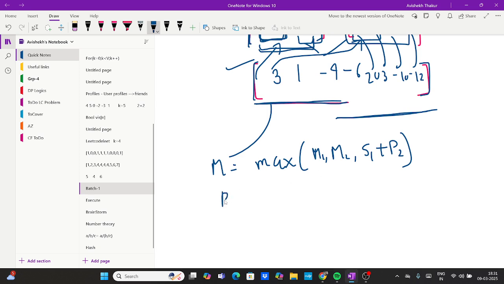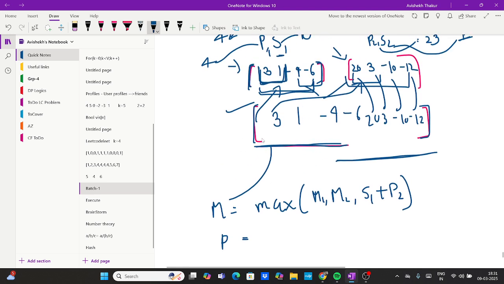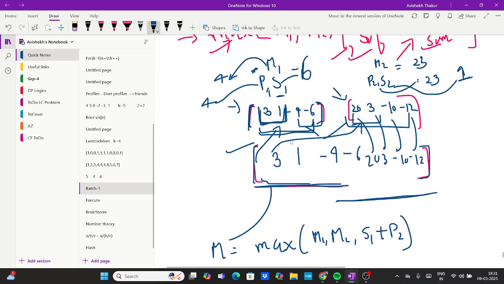Now we need P also. So what is P? That is the maximum prefix of this. How can we find it from the child?